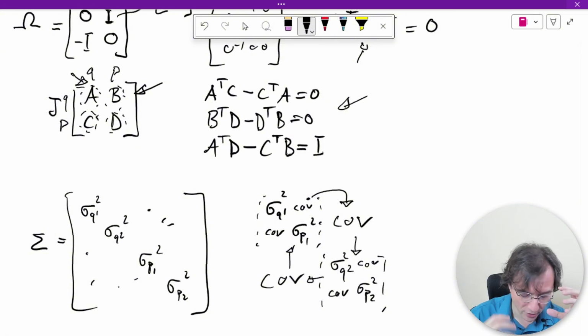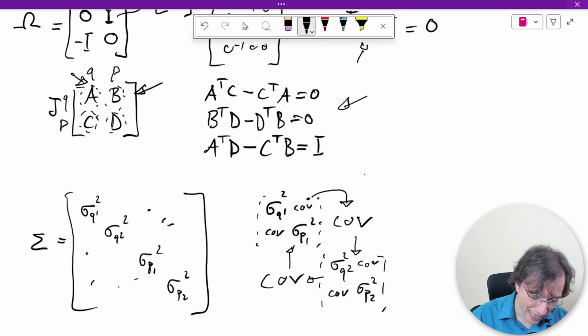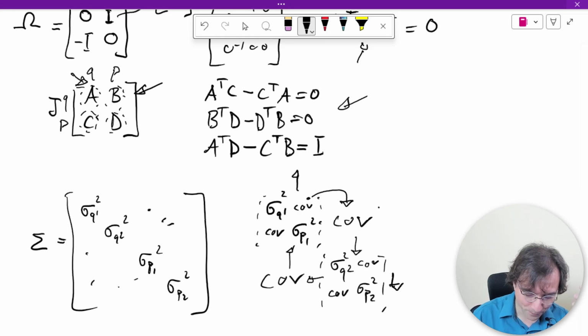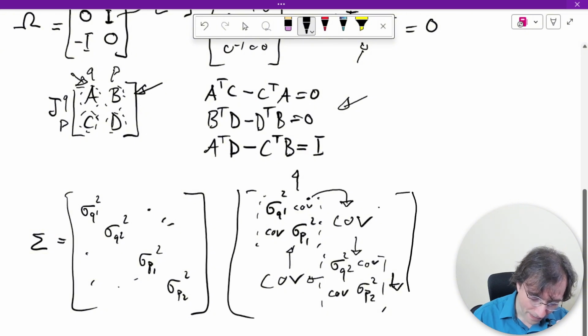I don't think you can do that. I don't think, for example, that you can increase this and decrease the uncertainty in this and not put in any correlations at all. And in fact, the determinant of this whole thing is going to be preserved.